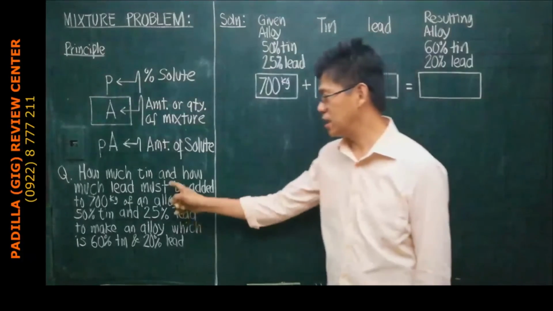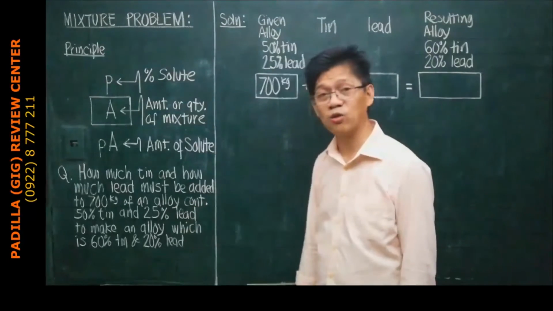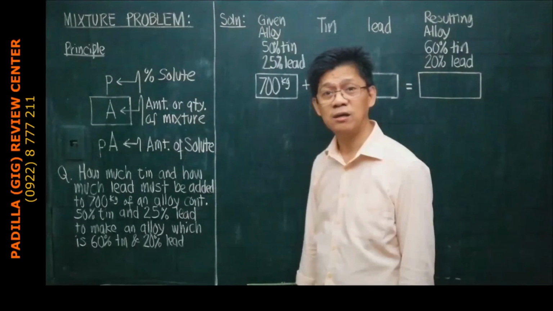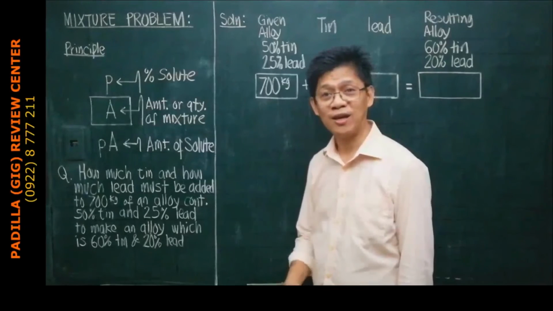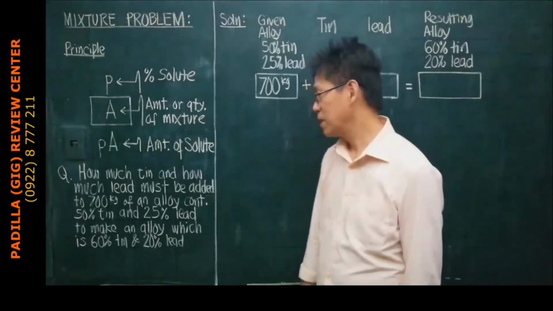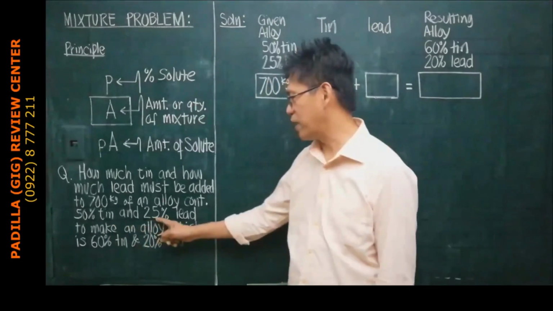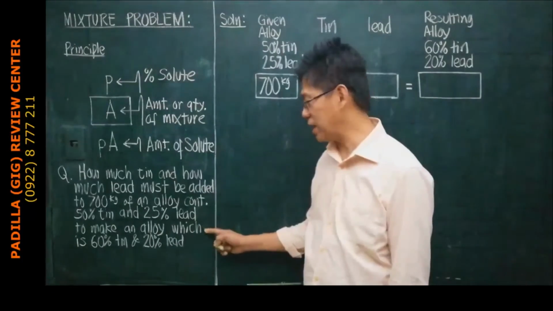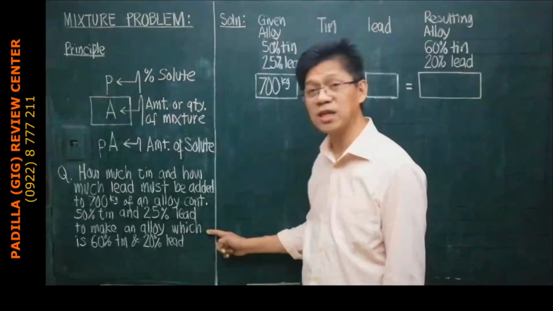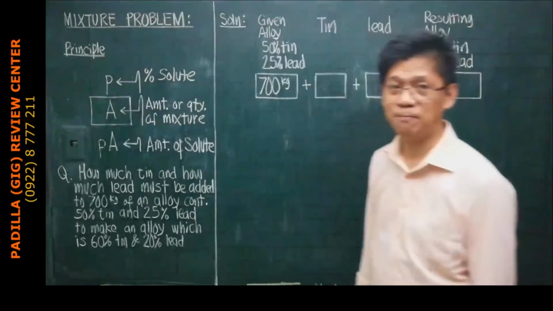How much tin and how much lead must be added to 700 kilograms of an alloy? What is an alloy? An alloy is a mixture of metals, no? Containing 50% tin and 25% lead to make an alloy which is 60% tin and 20% lead.